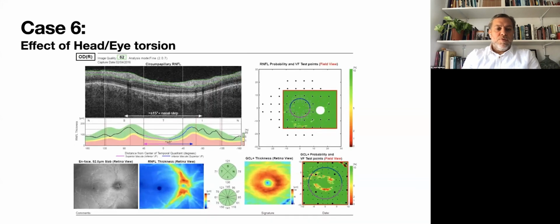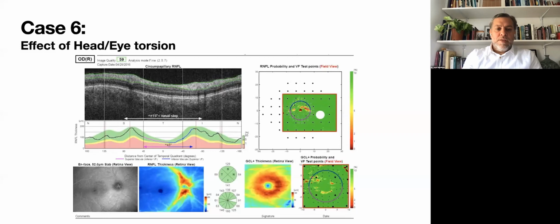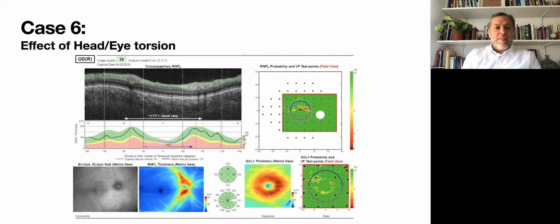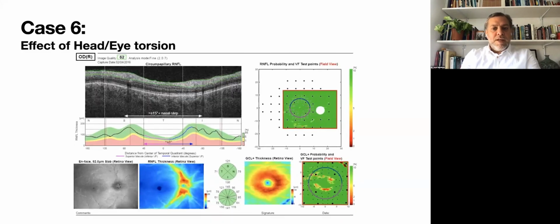And if you see down here, the image just shifts a little bit to the correct position. So the tilt of the head of the patient, the eye torsion, or anything like that could affect this. And we will have this type of artifact in the exam. We do need to correct this.